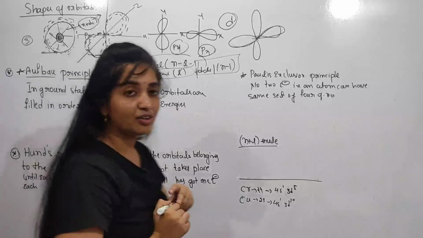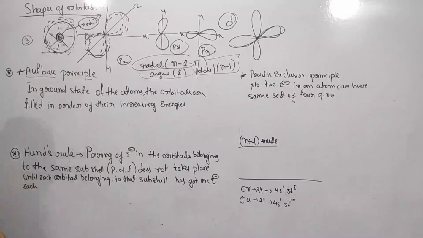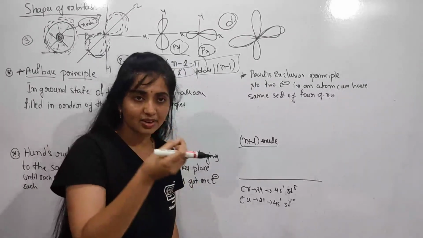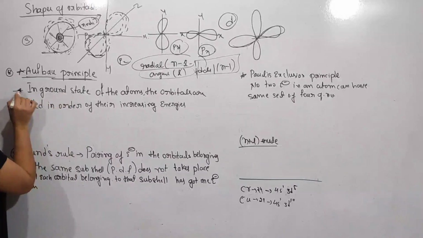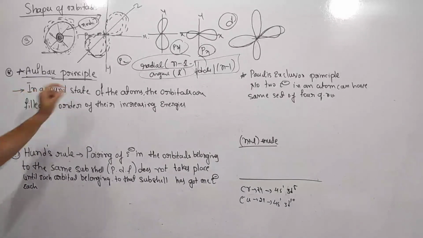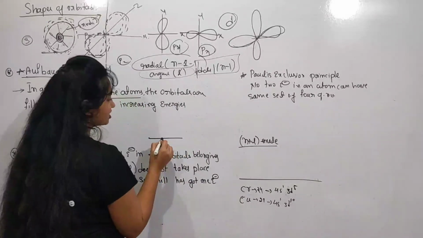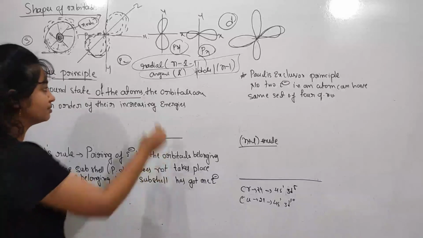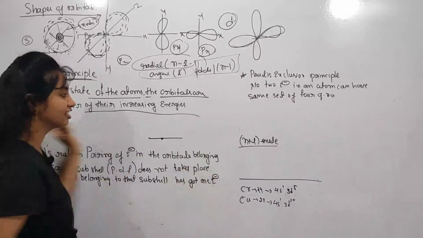And next, how the electrons are filled in these orbitals. We have some rules to find how electrons are filled in their orbitals. The first rule is the Aufbau principle. What does the Aufbau principle state? In the ground state of an atom, the orbitals are filled in the order of their increasing energies.